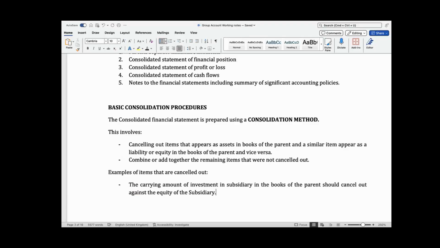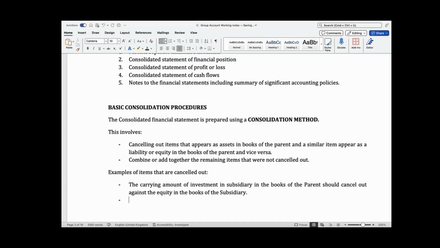So the carrying amount of investments in subsidiary in the books of the parents should cancel out against the equity in the books of the subsidiary, because they are the same item. So we don't consolidate that because we believe they are the same item. So you cancel out. Those are examples of items you cancel out.